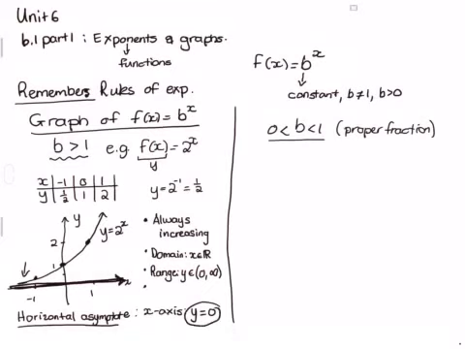Right, let's just go back here. We have no x-intercept, because we've already said it never crosses it. It has a y-intercept at 1, at y equals 1.